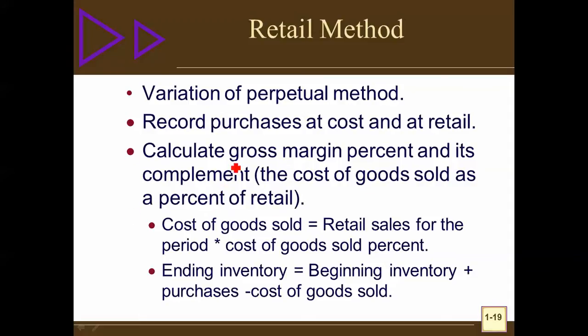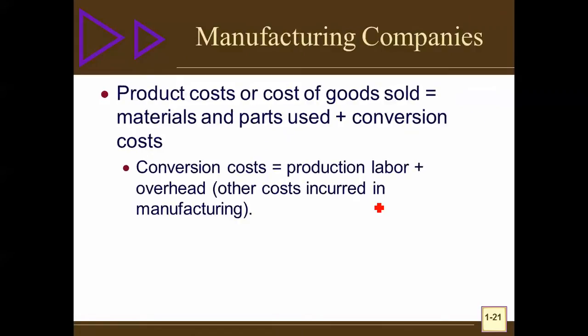Then all during the year, every time I sell, the cash register says I sold for 60, I sold for 60. Then all I have to do is apply the gross profit percentage, and I know that the cost of goods sold is 2/3 of 60, which would be 66 2/3%. Same with the gross profit method.